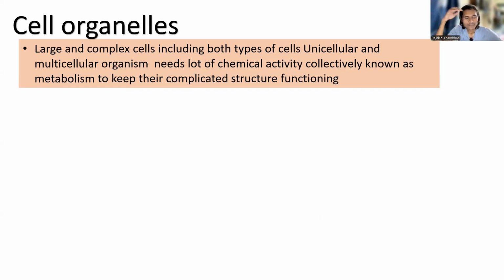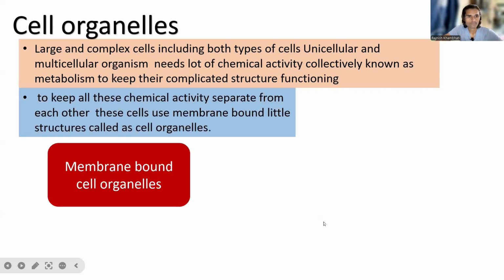Whereas in a multicellular or eukaryotic organism, these functions are divided among the cell organelles, which is called division of labor, and they are actually doing the function. And to keep these chemical activities separate from each other, these cells use membrane bound little structures called cell organelles.